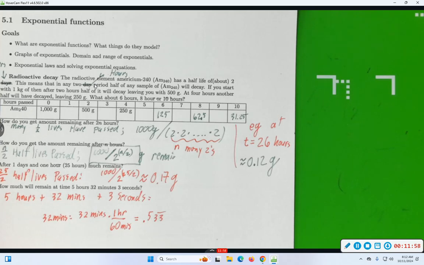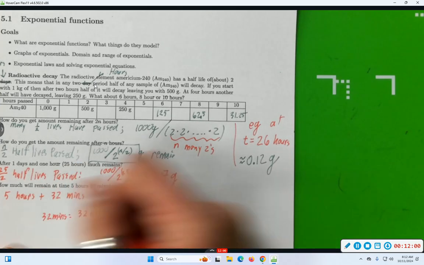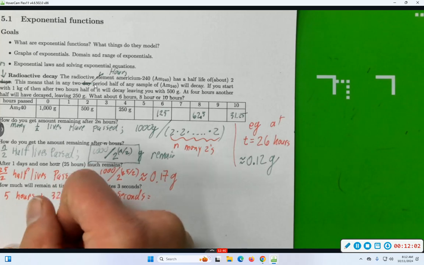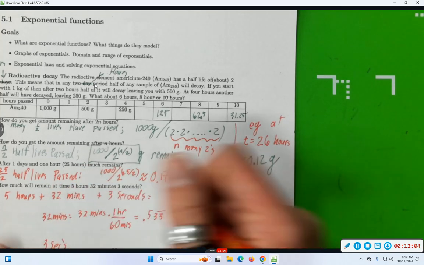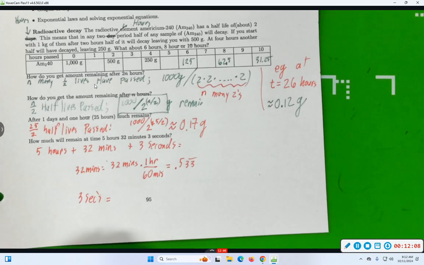How about 3 seconds? 3 divided by 3,600. Nice. So 3 seconds is, let's see, how many seconds to an hour? Well, it's 60 to a minute, 60 minutes to an hour, so I guess you multiply those to get 3,600 seconds to an hour.